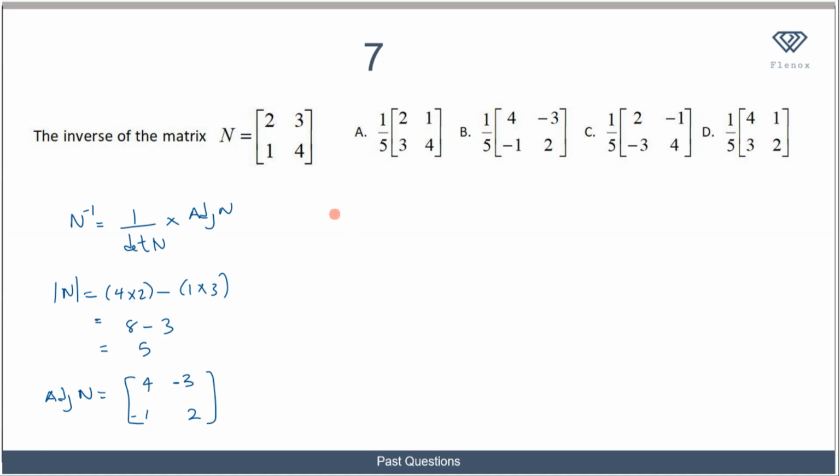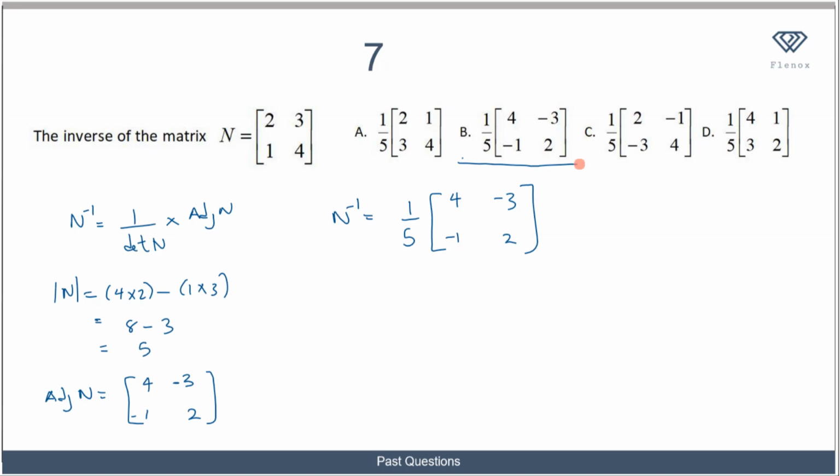So now the inverse of N is equal to 1 over the determinant, which is 1 over 5, times the adjoint, which I've got to be 4, minus 3, minus 1 and 2. And which option corresponds to this? That will be option B. So the inverse of this matrix is option B, 1 over 5 into bracket 4, minus 3, minus 1 and 2.